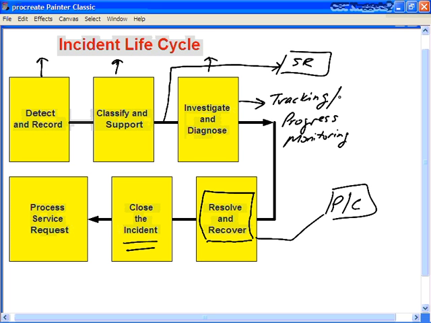For example, when you call a service desk and you hear, "This call may be monitored for quality assurance." Or maybe you have a software solution in place. So tracking and progress monitoring works in parallel all along the way.